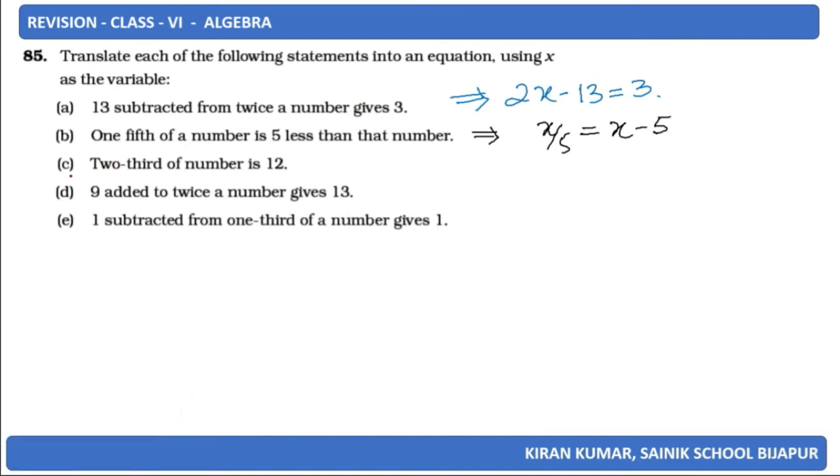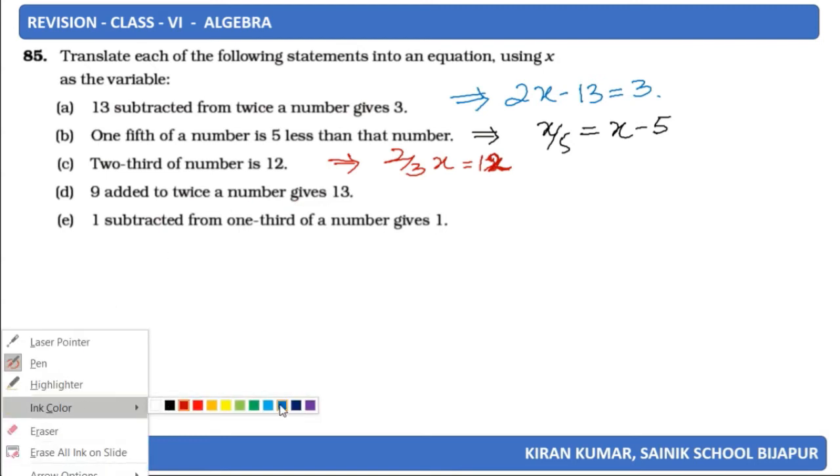Next one. 2/3 of a number is 12. Very simple. 2/3 of a number, 2 by 3 times x, is equal to 12. So 2 by 3 x is equal to 12 is the equation representing statement C.